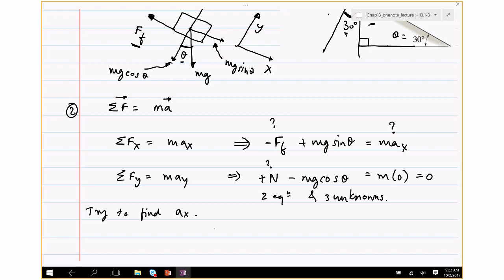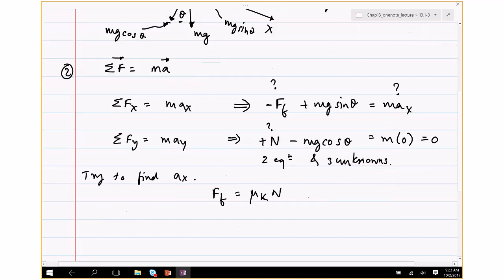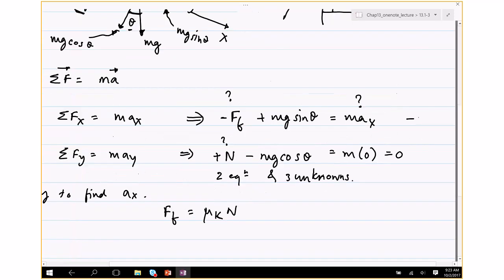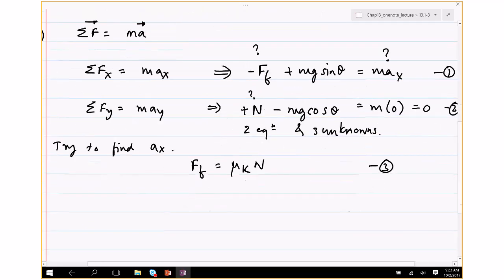Yes, so you know something about Ff and N. Ff is the friction force, the coefficient of friction times N. So let me call this 1, this 2, and this 3. So now you have 3 equations and 3 unknowns: Ff, N, and ax. So I can solve for ax.